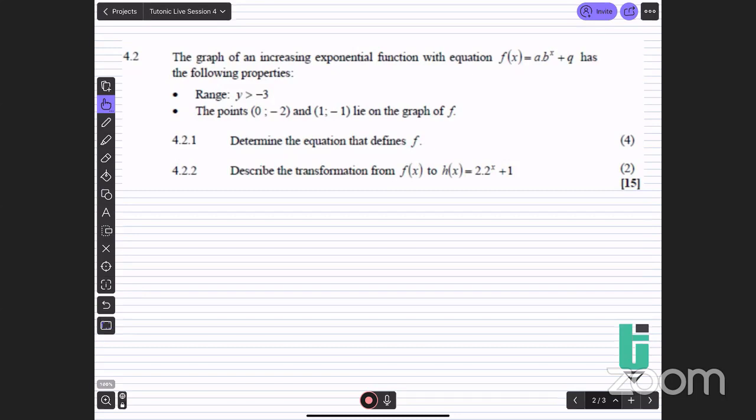There's the one which goes like that. There's the one which goes like that. And there's the one which goes like that. Do you guys see that?